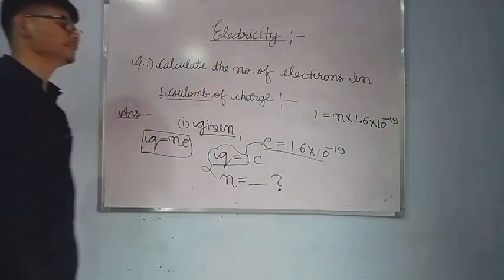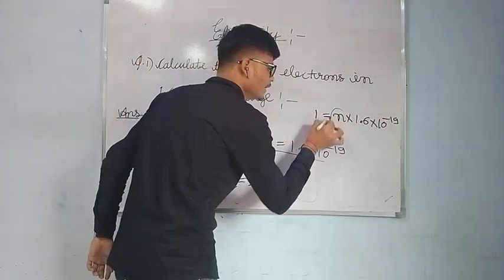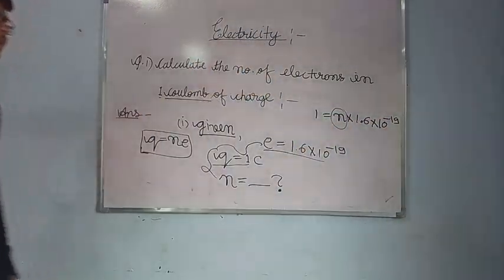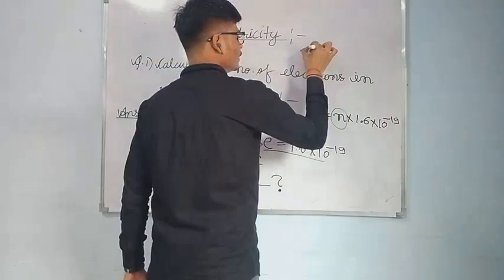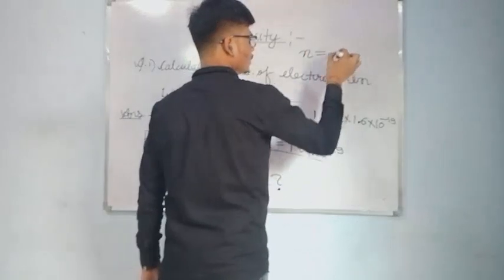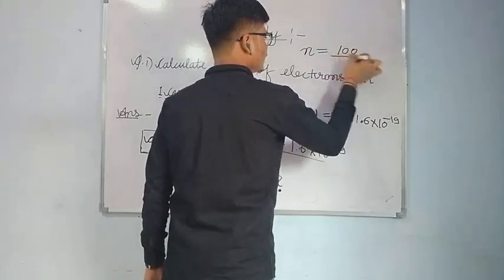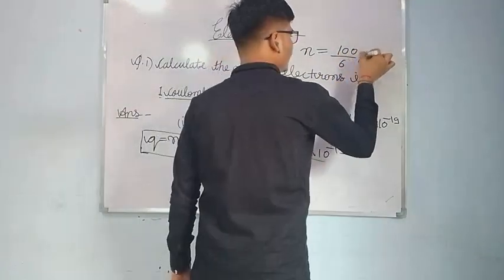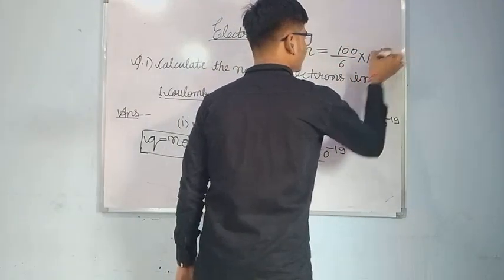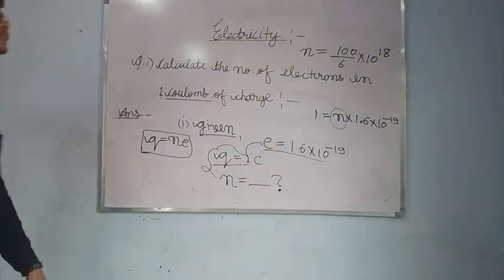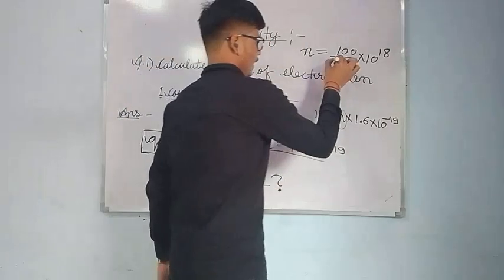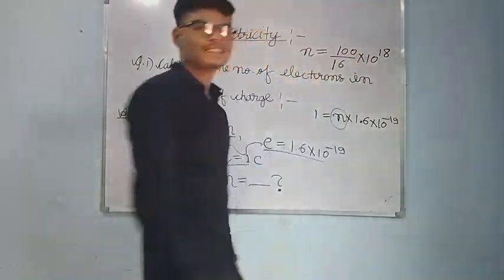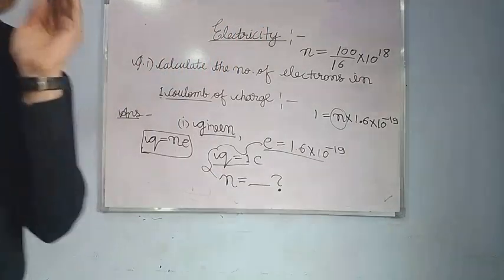How do we simplify this expression to get the value of N? When we simplify this expression, N is equal to 100 by 16 into 10 to the power 18. That's called observation.